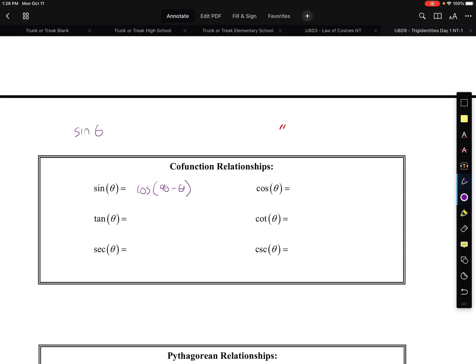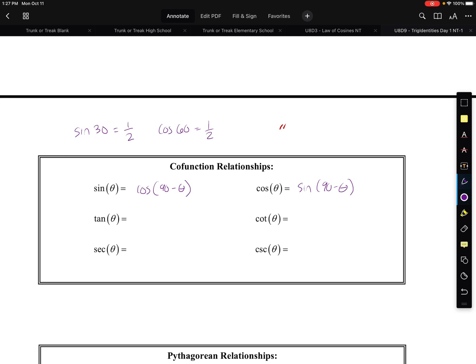If I had sine of 30, sine of 30 is 1/2. Well, cos of 60 is also 1/2. So there's that setup. Sine 30 is the same thing as cos of 90 minus theta. And cos is the same thing as sine of 90 minus theta.